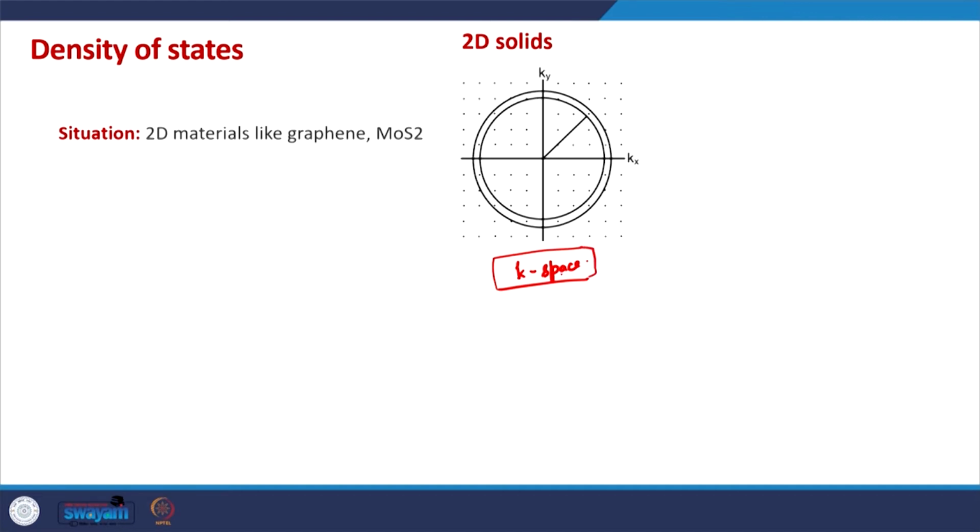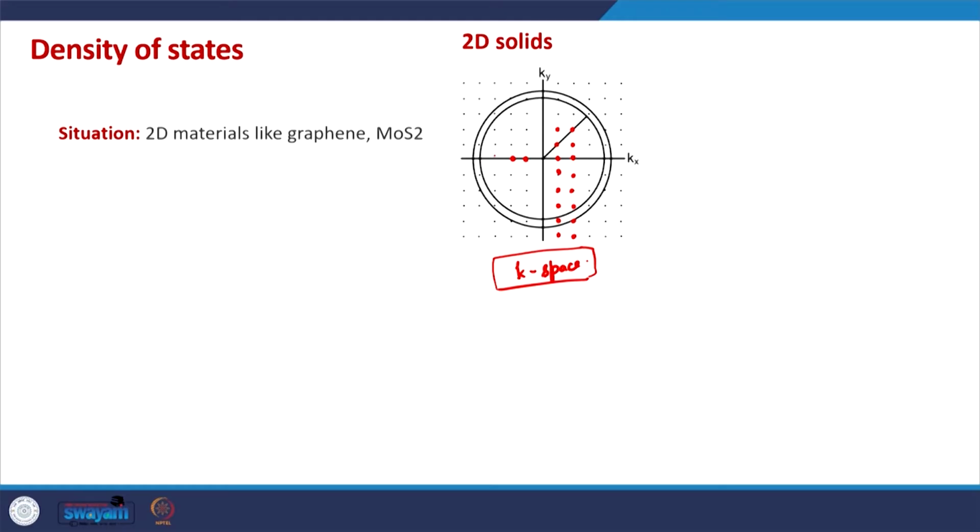So, we go to the K space, which means we plot kx and ky axes, and we put the allowed k points in the K space, and each point now corresponds to a wave function of an electron.